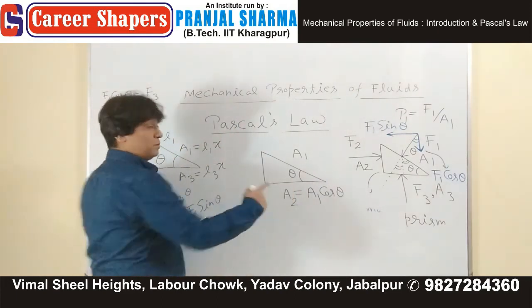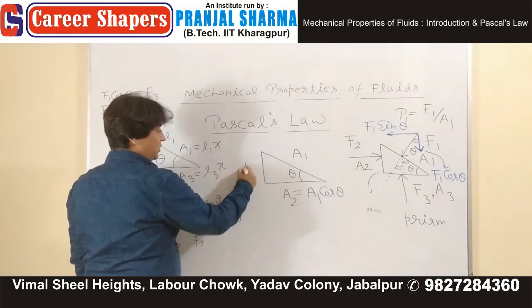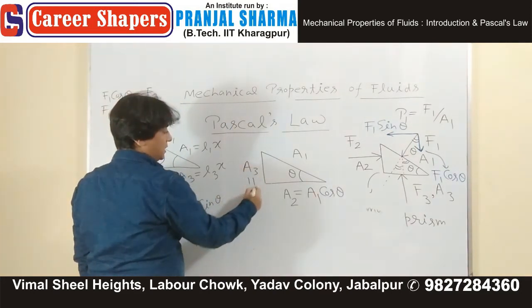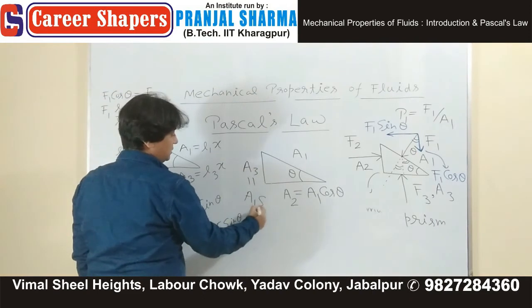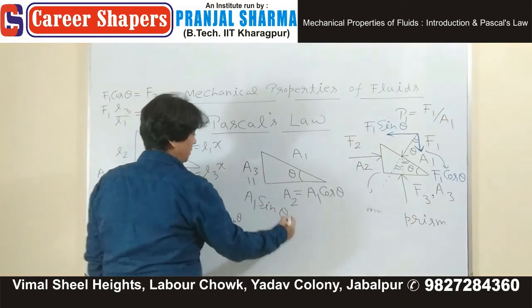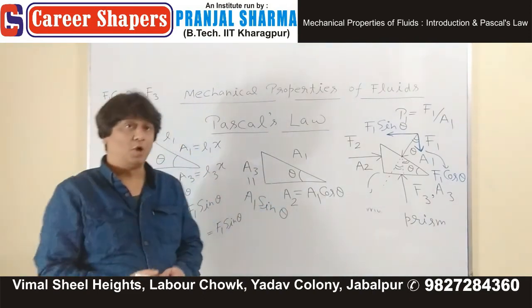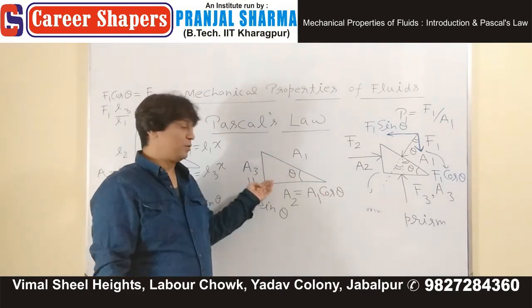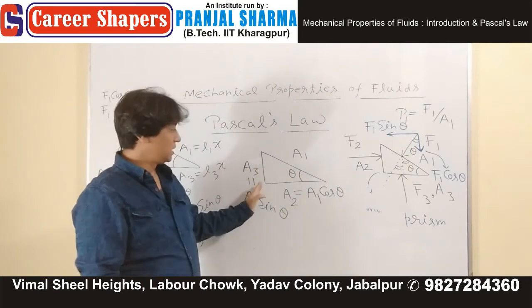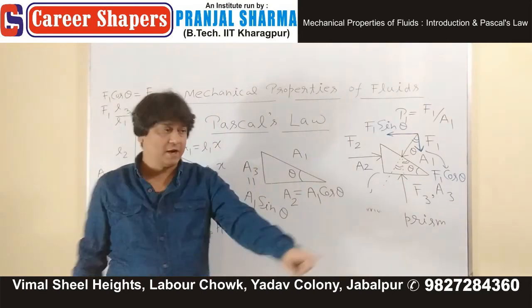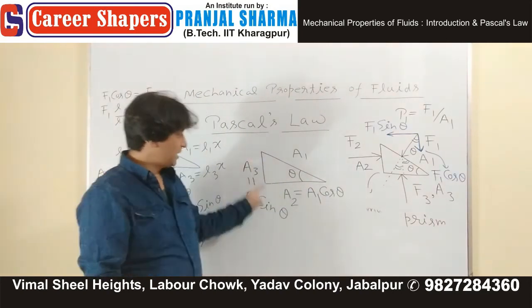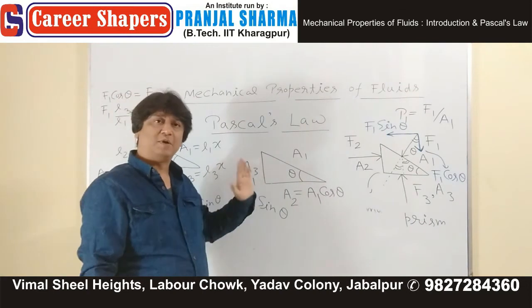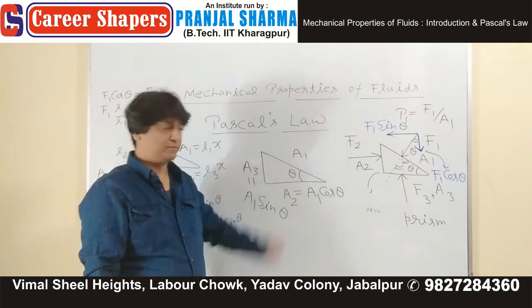This is A2. Similarly, this A3 is A1 sine theta. So we have resolved areas. A1, its horizontal component cos, vertical component sine, provided every face has the same depth x.